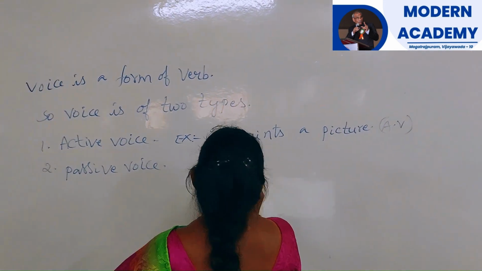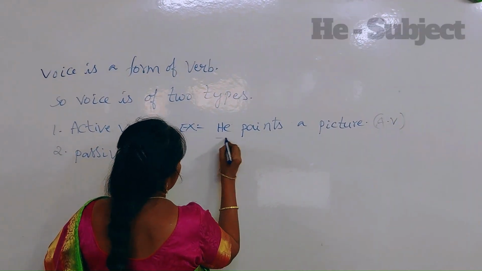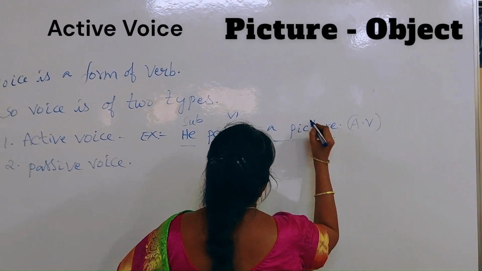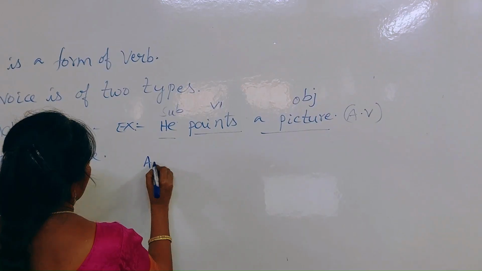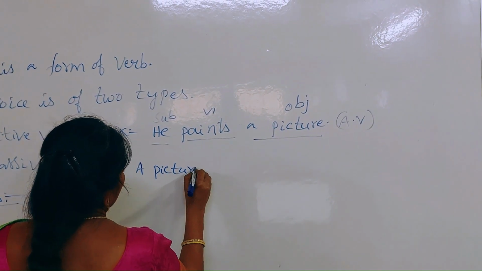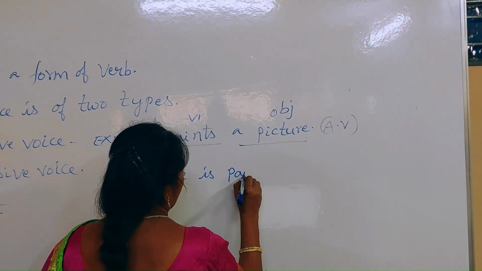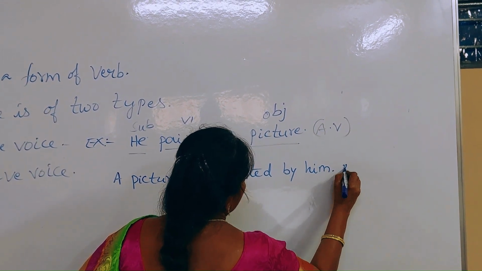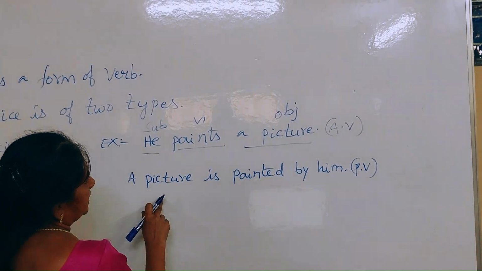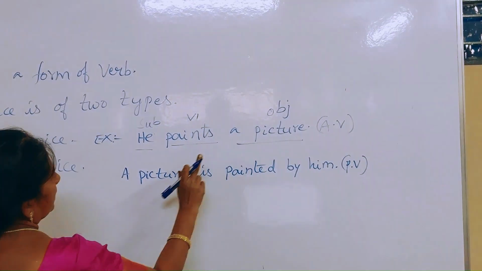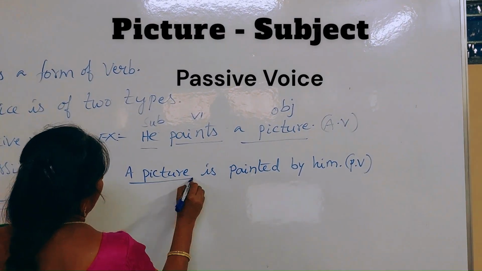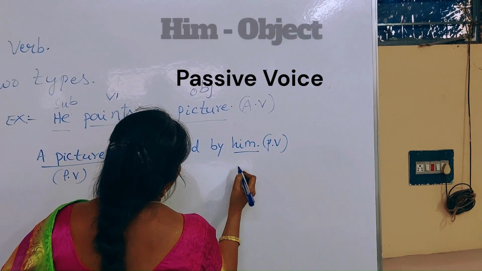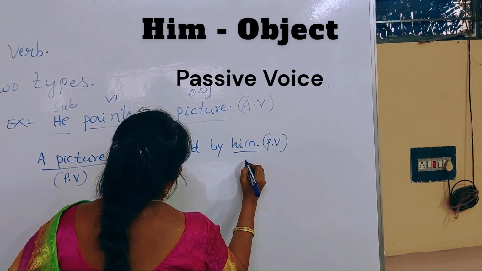Now let us see how to change this into passive voice. He is the subject, paints is the verb, picture is the object. In passive voice, a picture is painted by him is a sentence in passive voice. Here, a picture, which is the object in active voice, became the subject in passive voice, and he, which is the subject in active voice, became him, the object in passive voice.